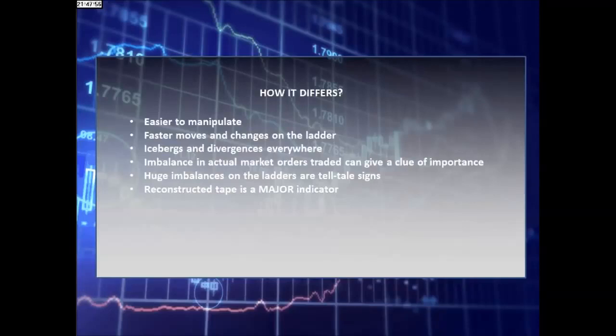But a little bit later about how we can trade. So remember, huge imbalances on the ladder are important signs, but only at the right places. It does not matter in the middle of nowhere.